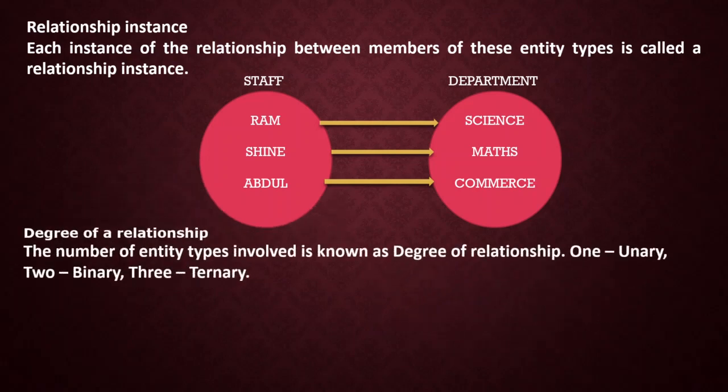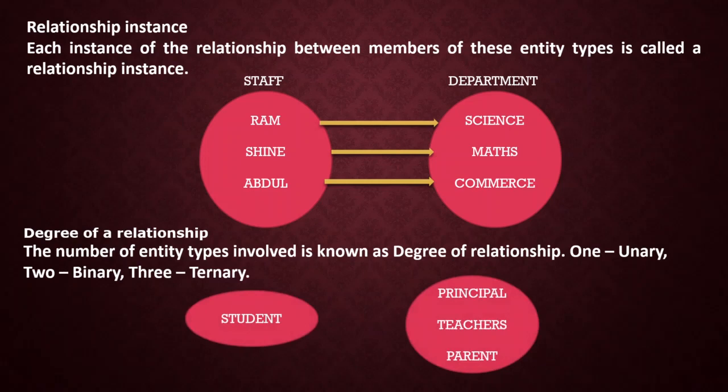The next one we are going to see is degree of relationship. The number of entity types involved in a relationship is known as degree of relationship. So we know 1 degree, 2 degree and 3 degree of relationships are available in the database.